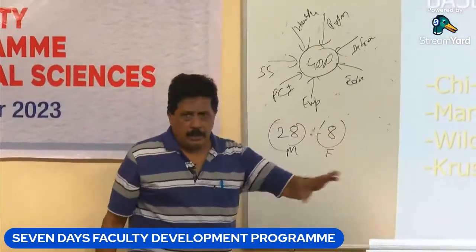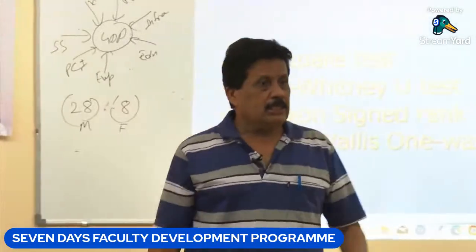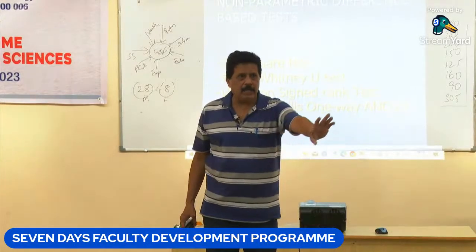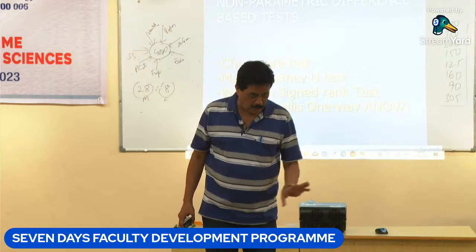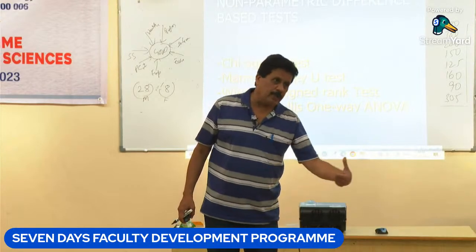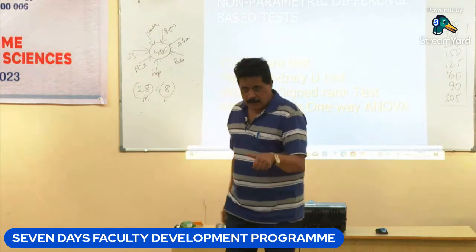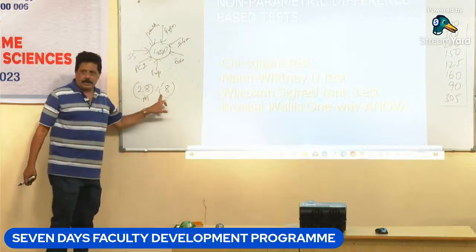Now you can apply a chi-square test, whether males significantly outnumber females, by applying a chi-square test. No t-test, no other test, no averages. That's why it is now becoming non-parametric. You got the idea? Because these are frequencies and now you can apply a chi-square test.